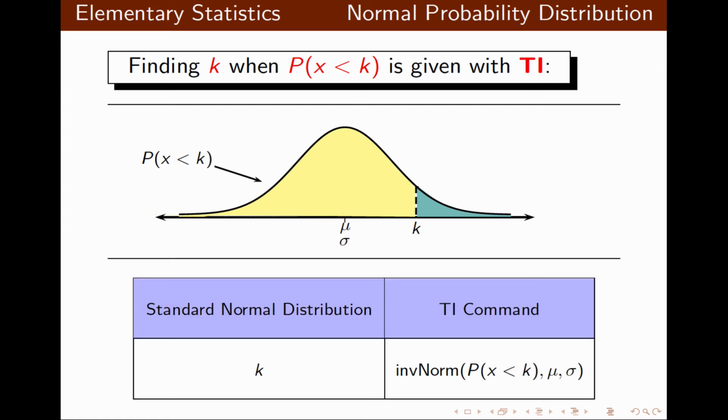And in this one, we're just going to use inverse norm, one of the TI commands. And with that, first we need the left area, which is the probability that x is less than k, and then mu, the mean, and a standard deviation sigma.